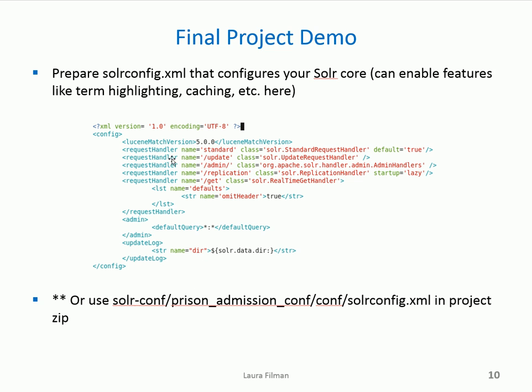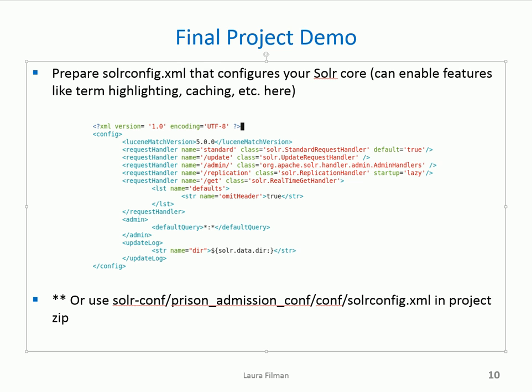But I know that this file can get very complicated if you look at some of the other out-of-the-box Solr config files that Solr came with. There's a lot of extra stuff like term highlighting and query caching and document caching, and a lot of the magic of Solr can happen in this file, but I kept it very bare bones because I don't know exactly what I'm doing, just messing around.